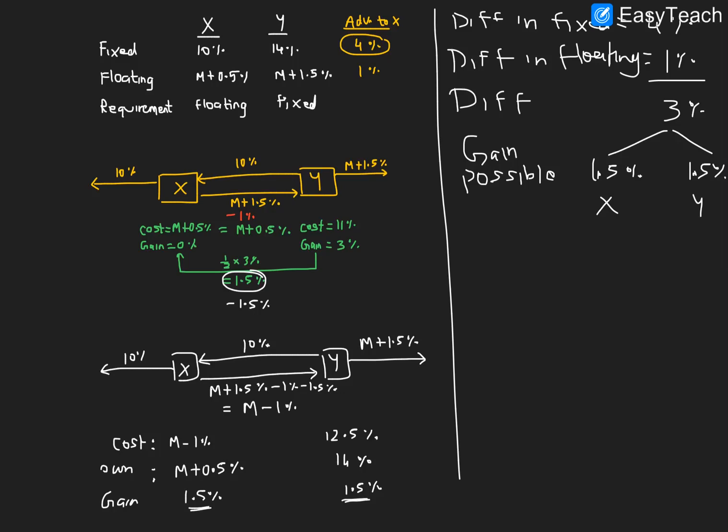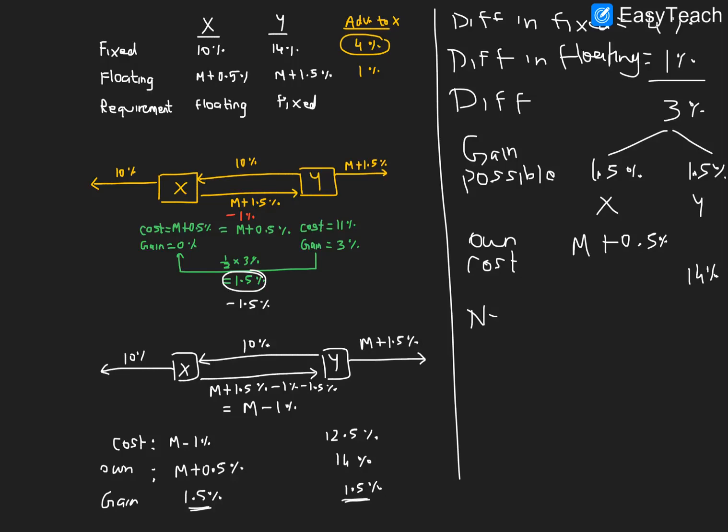So own cost, if they would have taken up the floating rate or fixed rate on their own, the cost would have been MIBOR plus 0.5%, whereas for the other thing it would have been 14%.